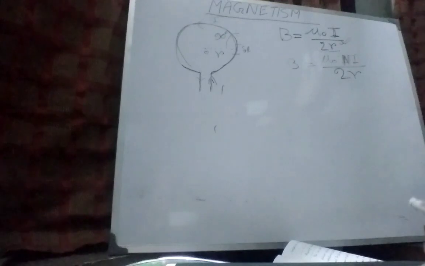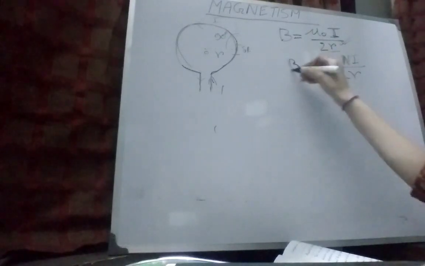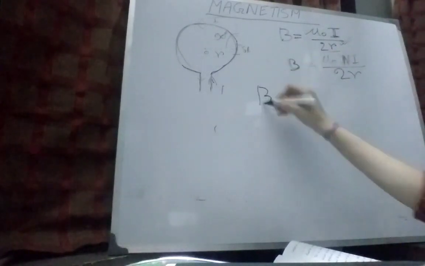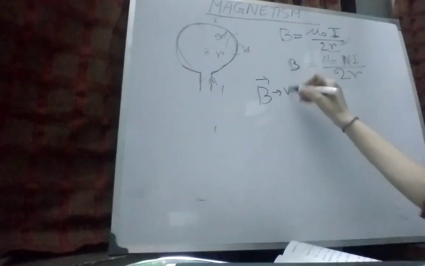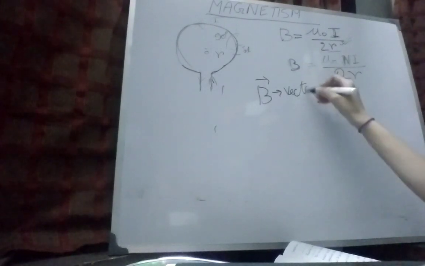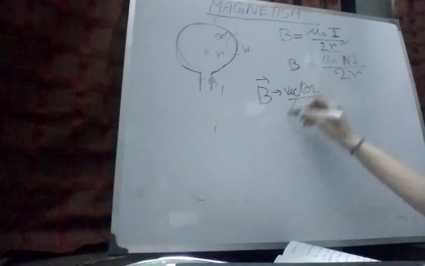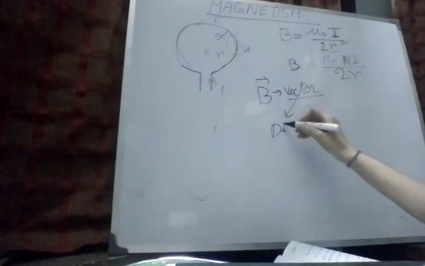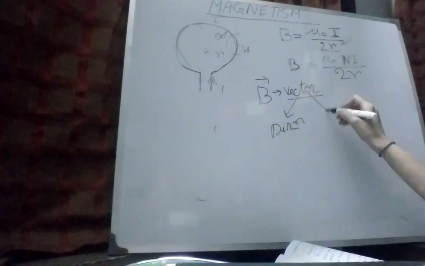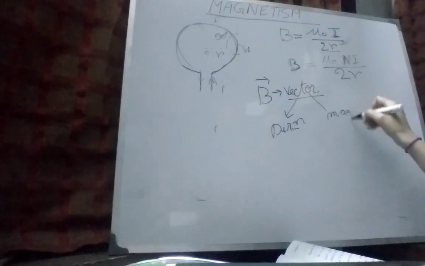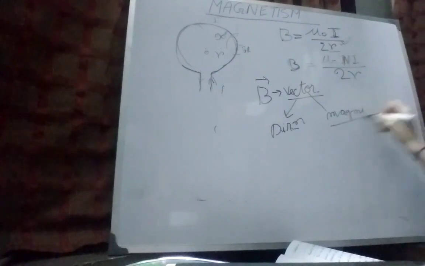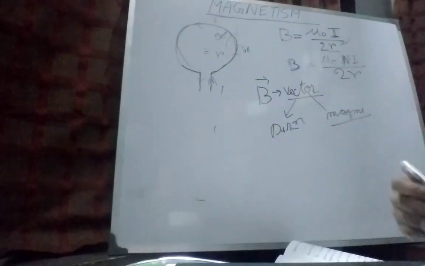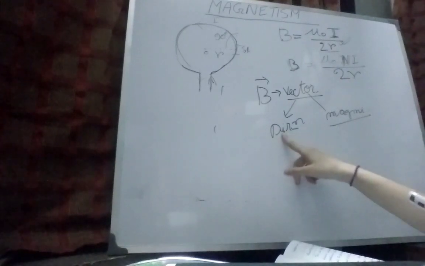Now as this magnetic field is a vector quantity, it must have a direction and a magnitude. So how do we get the direction?